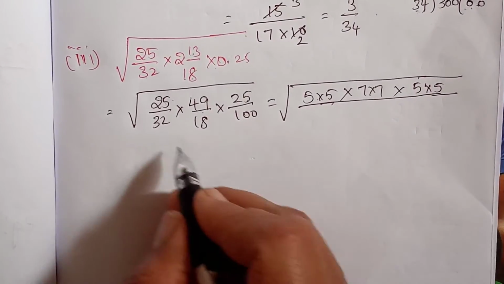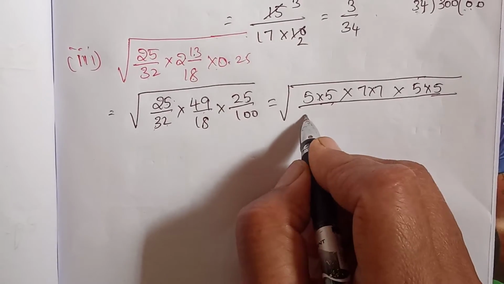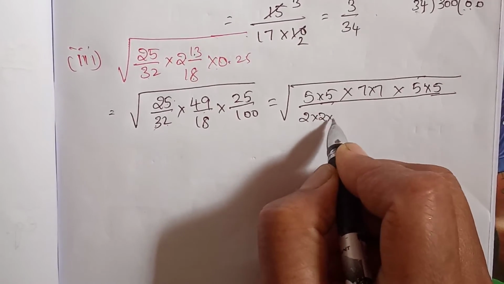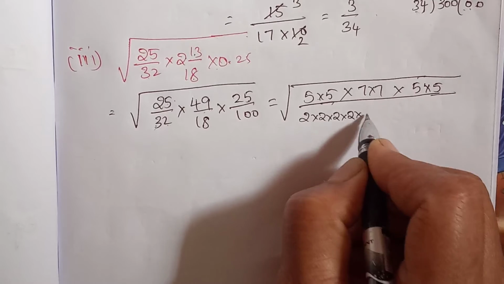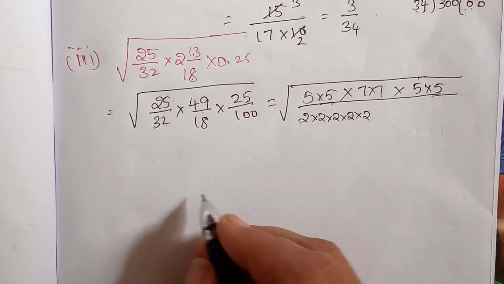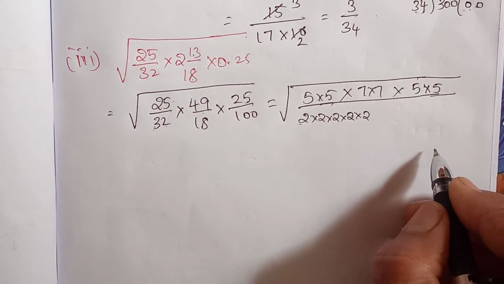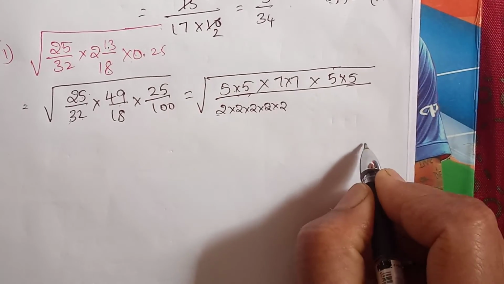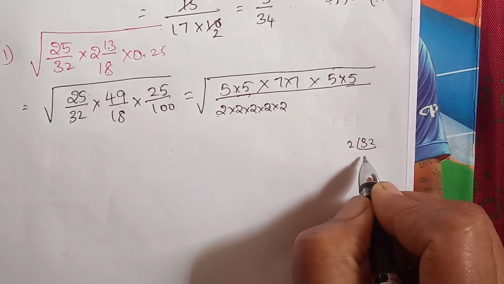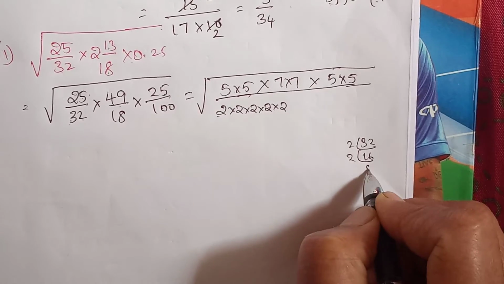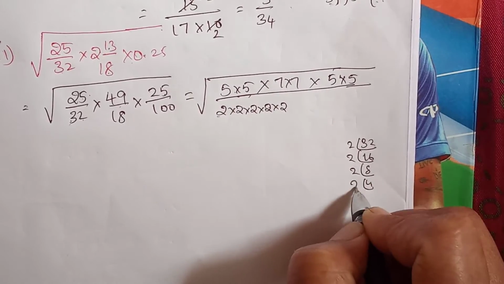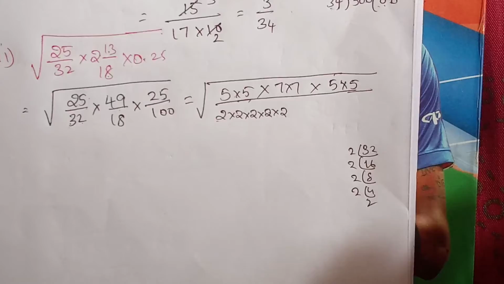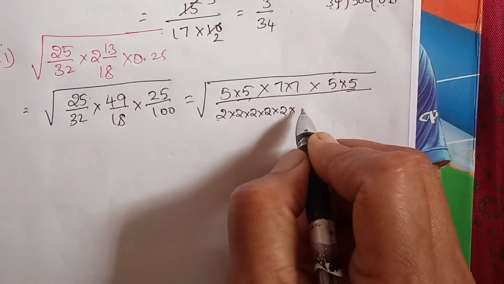Next the denominator, the least even number, 2 into 2 into 2 into 2 into 2. Yes children, you just multiply, 32 we will convert by 2: 2 16s, 2 8s, 2 4s, 2 2s. Next 18, how can we write?